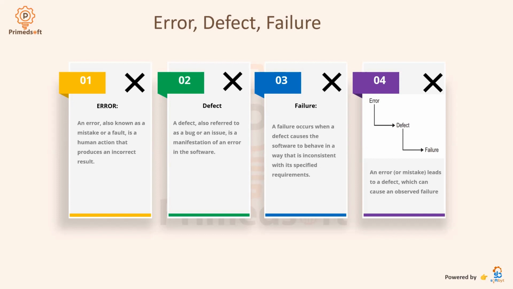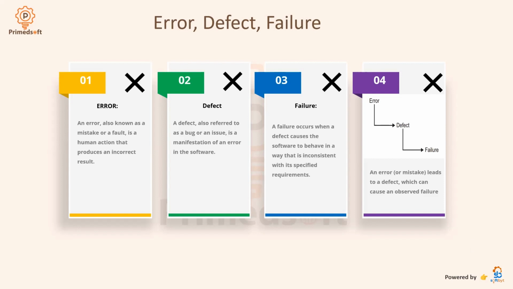So a developer might make a coding mistake. So all this will lead to an error in the software, right? Note the difference. First, there could be a mistake, which is an error, and it's a human action that produces an incorrect result, right? So when this error is manifested, it becomes a defect, right? And defects are also known as bug or an issue.